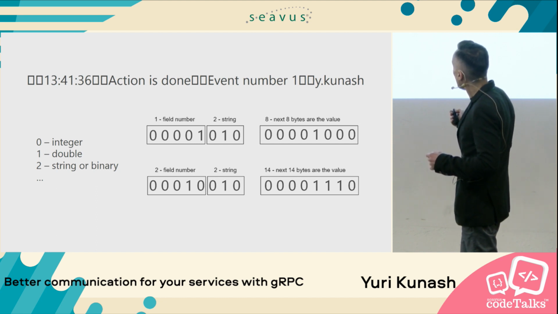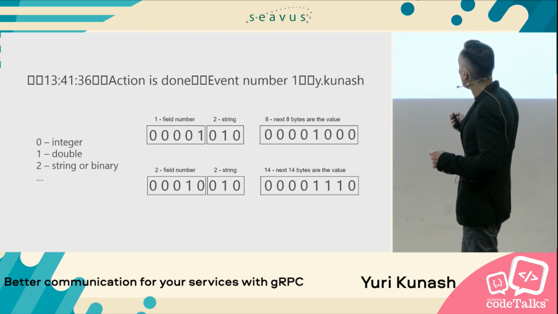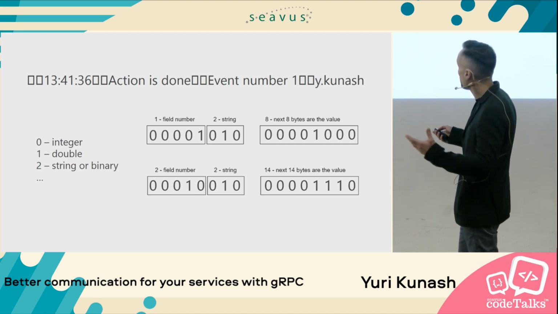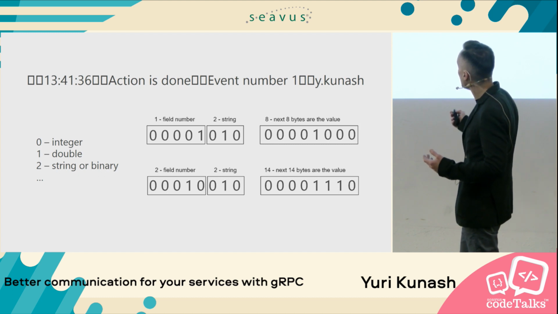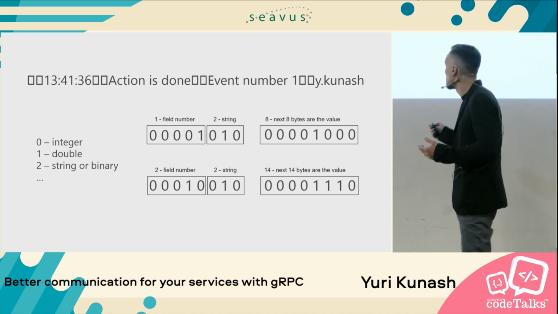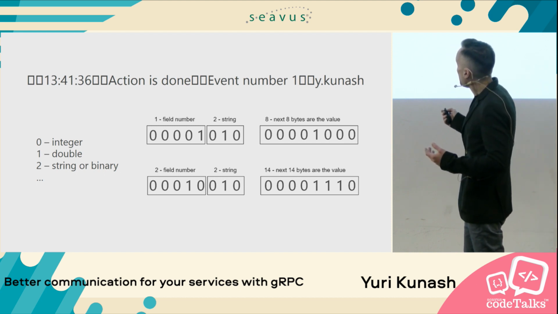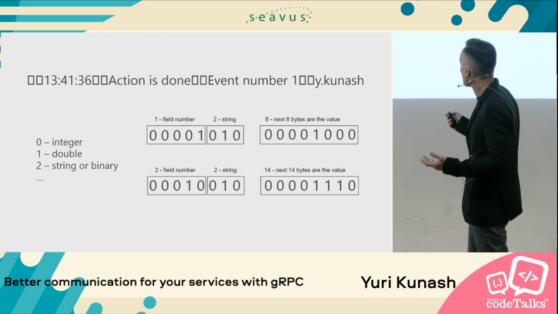The last 3 bits of the first byte describe the data type, and since it's a string, which has number 2 according to protobuf encoding rules, the value 2 is encoded in these last 3 bits. The rest of the bits contain the field number, and since this field number is 1, we have value 1 in the rest of the bits of this first byte.